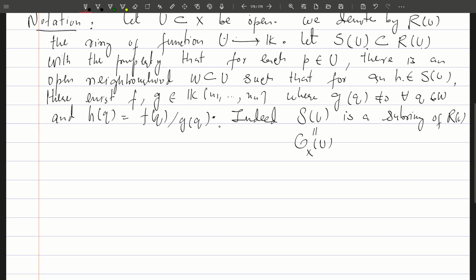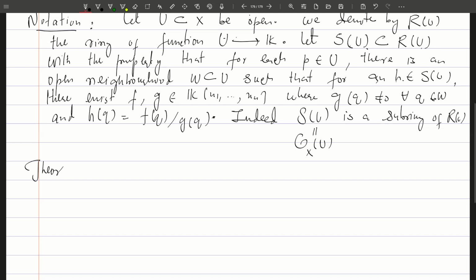I mean, there is an isomorphism between these two rings, a ring isomorphism between S of U and O sub X of U, the ring of regular functions on U.